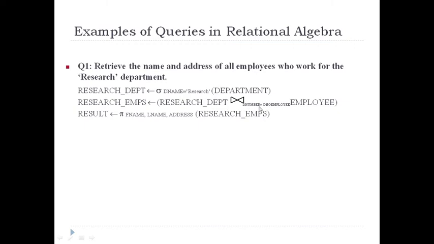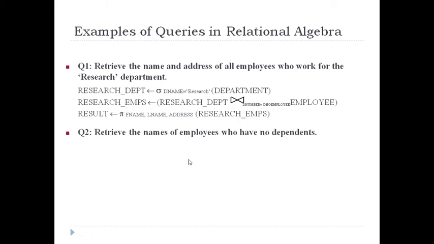Otherwise, if we take the join first and then select based on the condition, it will be applied on the large relation. So that's why first take the tuple matching this condition, then join with the employee relation, and from this result take name and address.